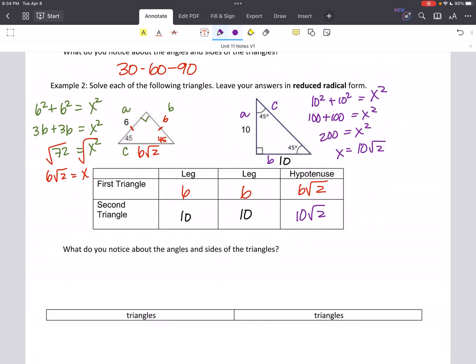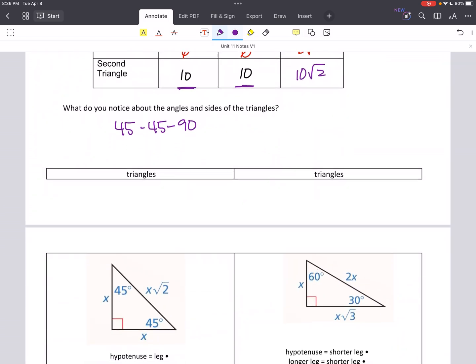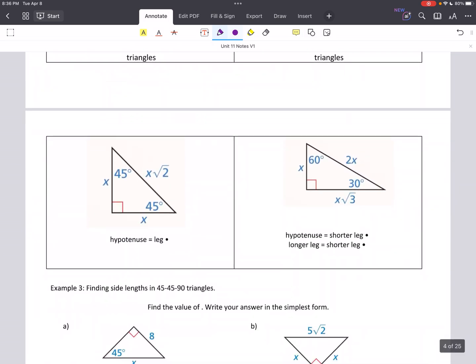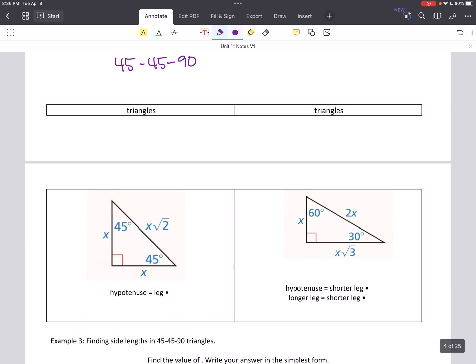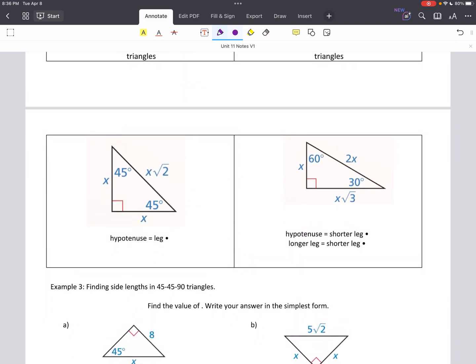Okay, these two triangles, these are a 45, 45, 90 triangle, or 45, 45 right triangle. They always follow a pattern too. The two short sides are the same number, and then the third one is the leg times square root of 2. So let's go to the next page. I think your packet has been fixed where it says triangles on here. These are special right triangles.